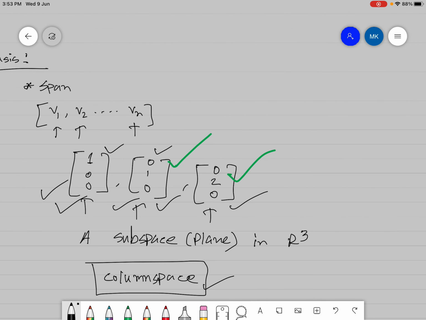So the fundamental column vectors that span any subspace or any vector space are known as the basis.